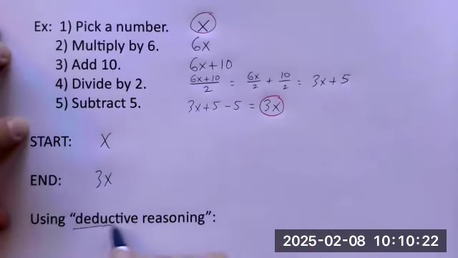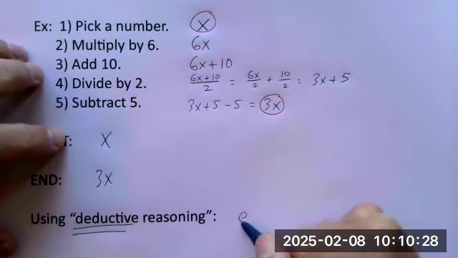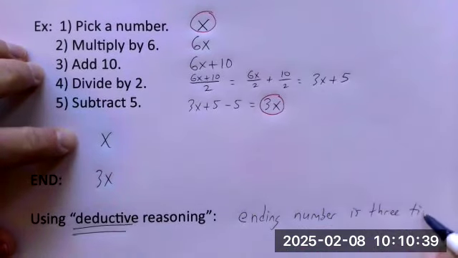Okay. So using deductive reasoning, I now know that the ending number is 3 times the starting number.